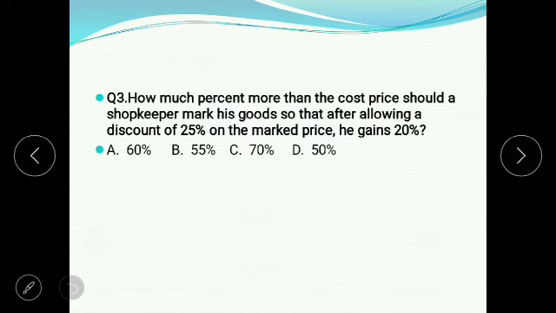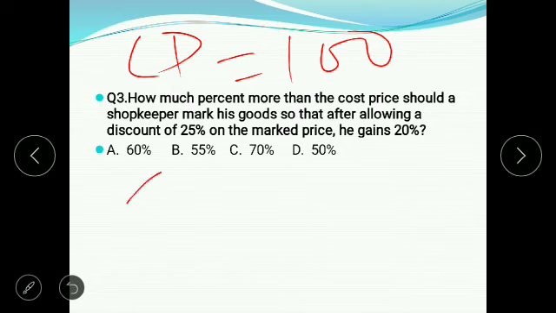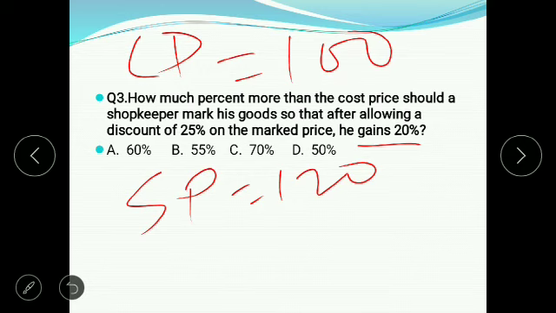Okay, next math: how much percent more than the cost price should a shopkeeper mark his goods, so that after allowing a discount of 25% on the marked price he gains 20%. In this type of math I just take the cost price as 100. Now the selling price will be 120 because he gains 20%.